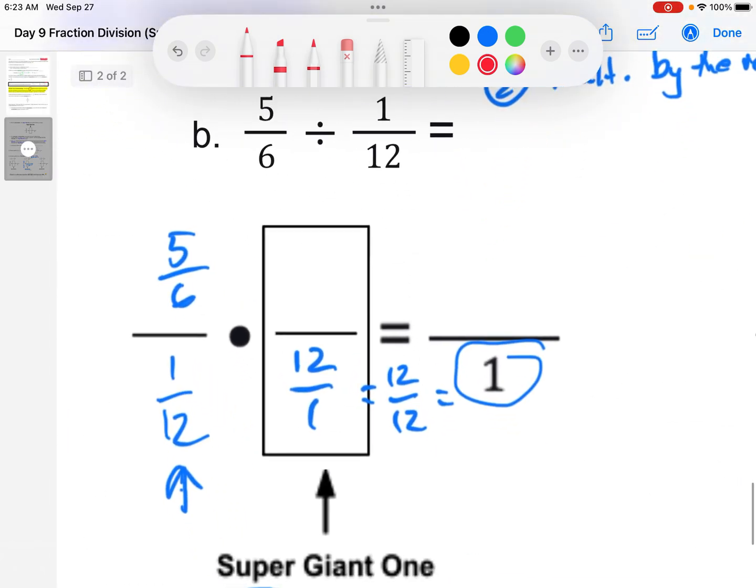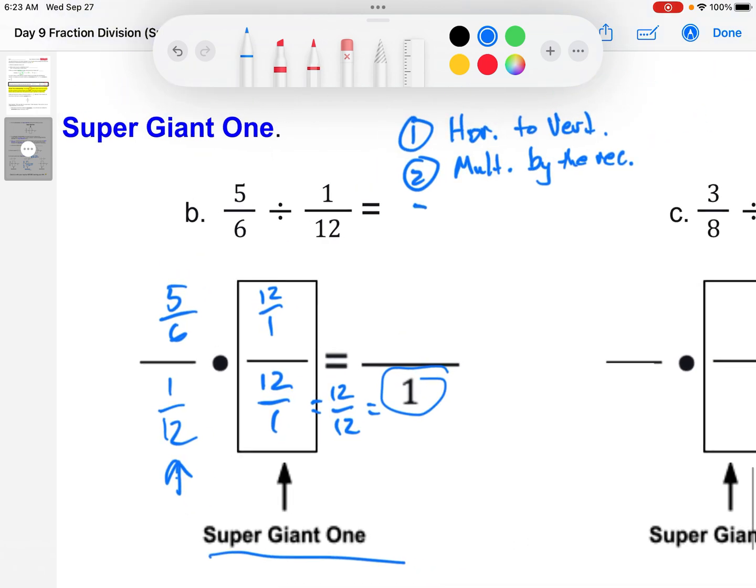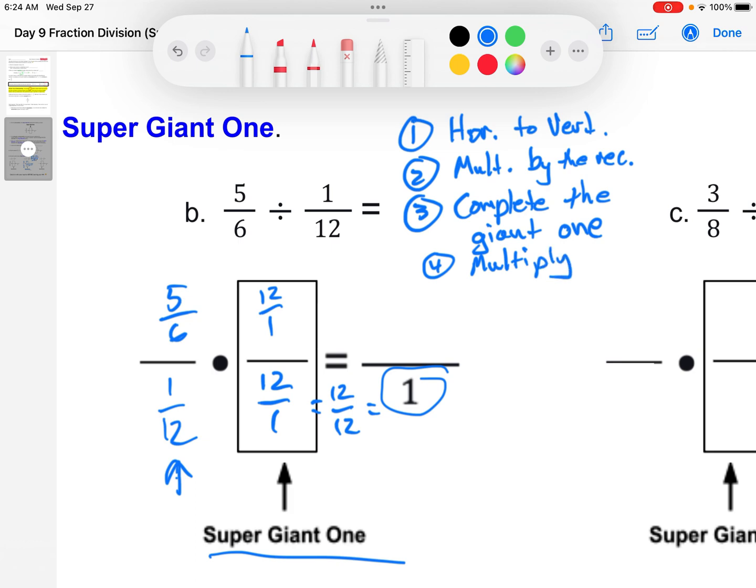So let's go back here. In this case, I can say it a little differently. What is on the bottom must also be on the top. That would make that a 1, right? So step 3, complete the giant 1. Okay. Now, we're just going to multiply. What am I multiplying?